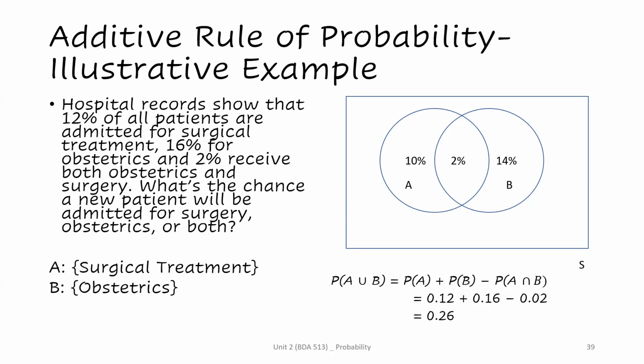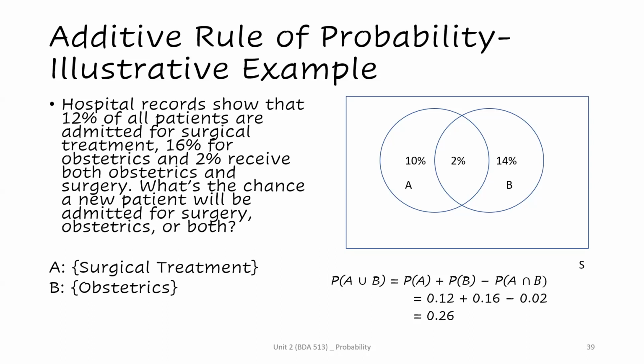Once you are able to interpret this correctly in a Venn diagram, doing the probability is not difficult.